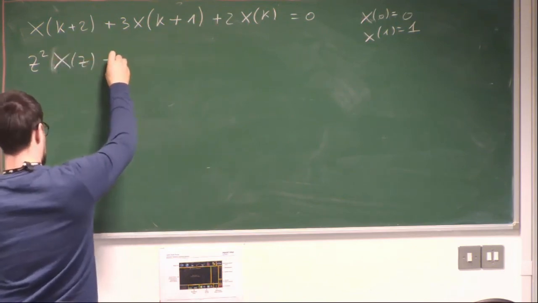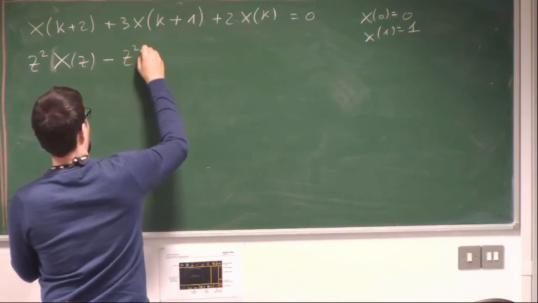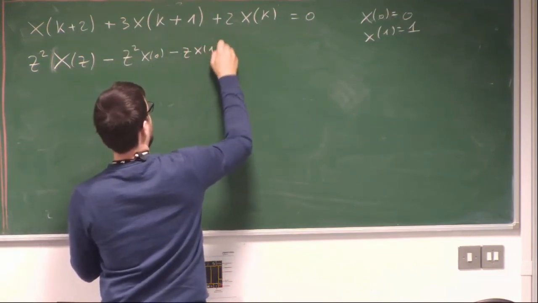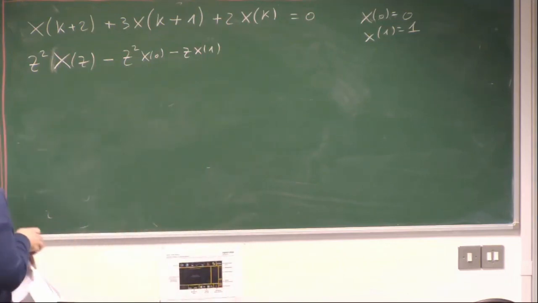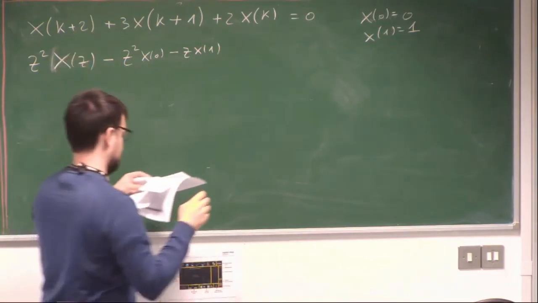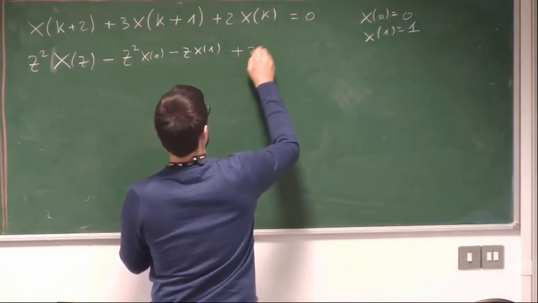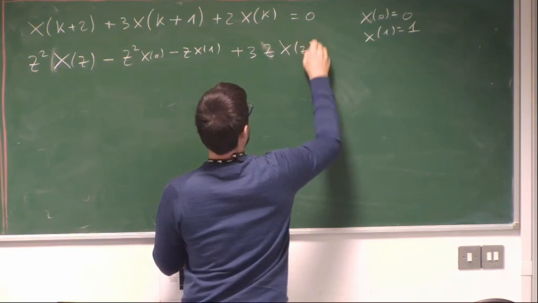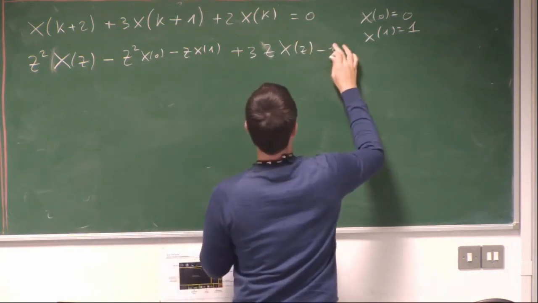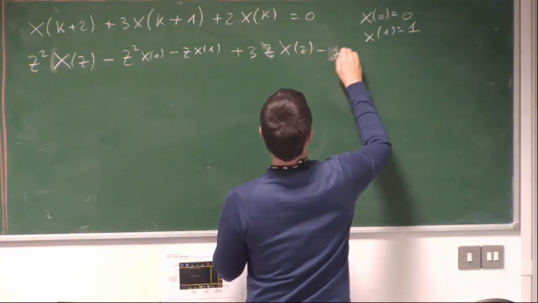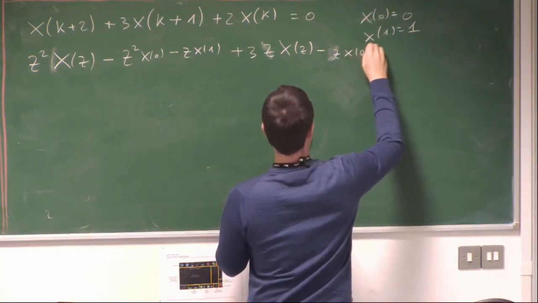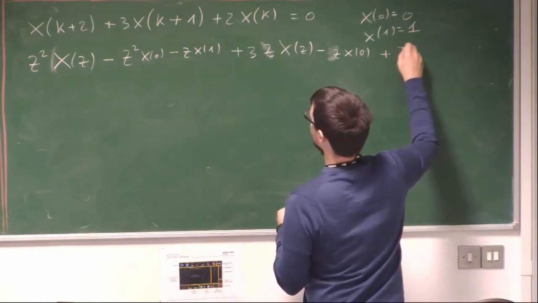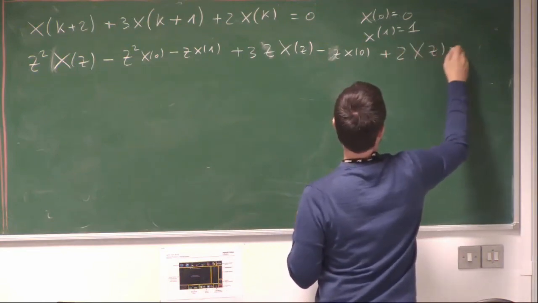Then we have to subtract the term z square x of 0 minus z x of 1 because we are using the version of the shifting theorem with the plus, okay? And then it is plus 3 z x of z minus z x of 0, plus 2 x of z equal to 0.